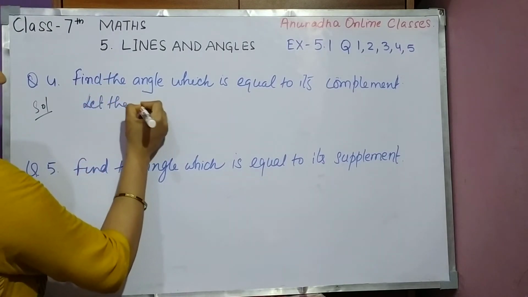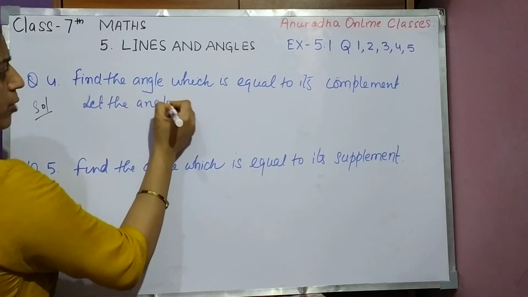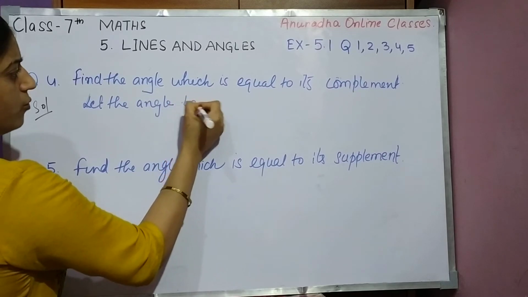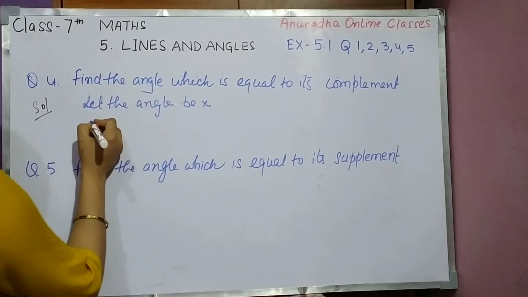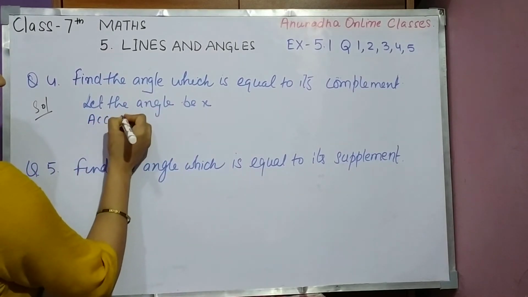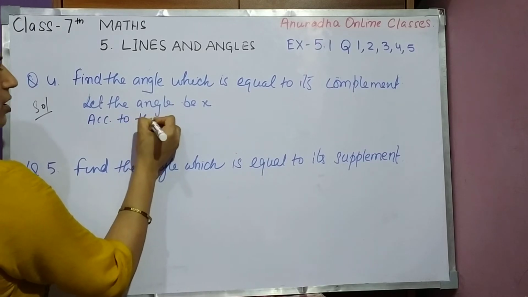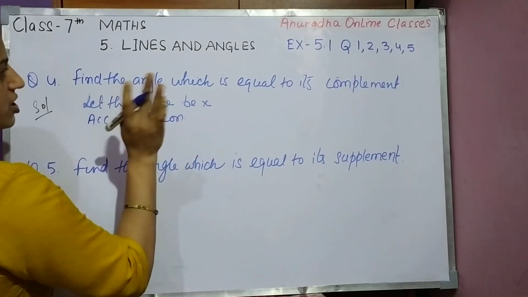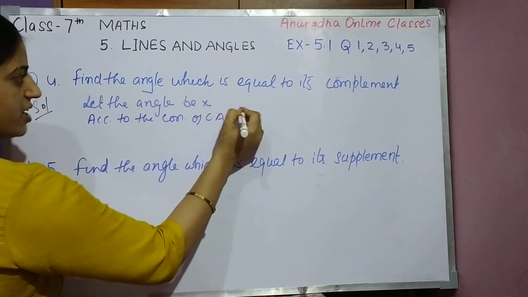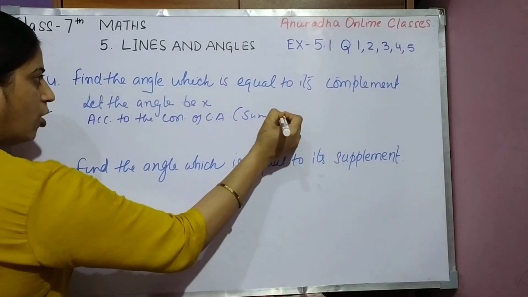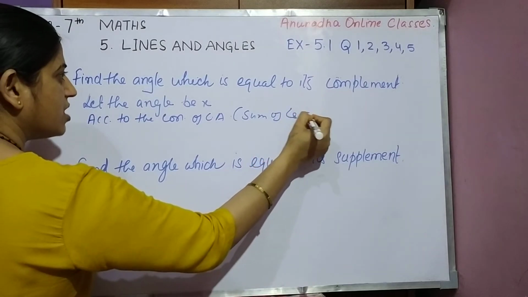Let the angle be, what have we taken for both angles? Let it be x. Then what will happen? According to the condition of complementary angles, the sum of angles is equal to what?